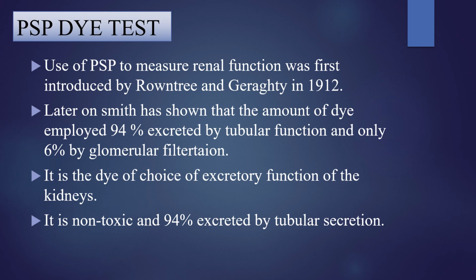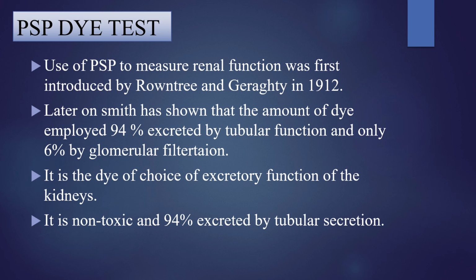Then nearly 30 to 50 percent of the dye should be excreted in the urine within 15 minutes. That indicates the normal functioning of the kidney. That's why this PSP dye test is also known as the 15 minutes PSP dye test.